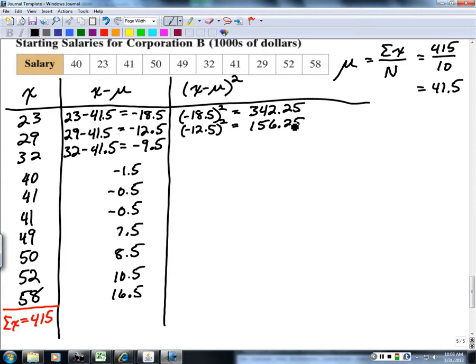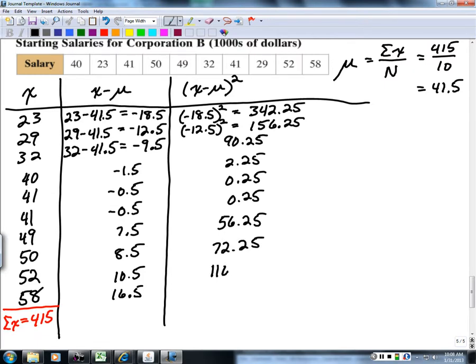And I'm going to do that for each subsequent value in x minus mu: 90.25, 2.25, 0.25, 0.25, 56.25, 72.25, 110.25, 272.25.